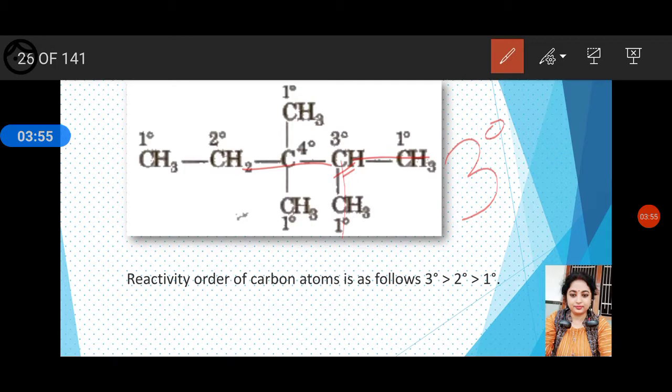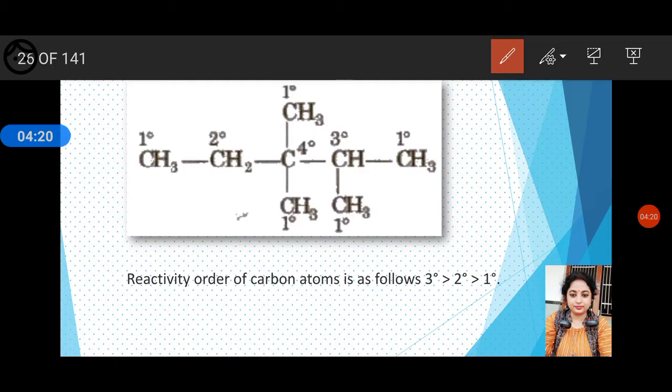And such a carbon atom is linked to one hydrogen atom only. With hydrogen attachment also we can find out whether a carbon is primary, secondary or tertiary. Here you can see that the tertiary carbon atom is linked with only one hydrogen atom, so it is the tertiary carbon.